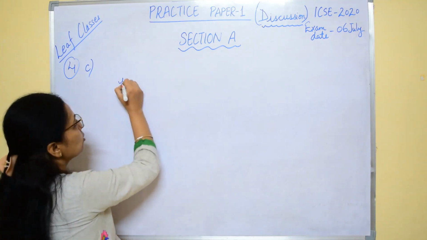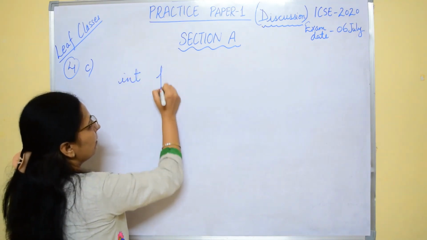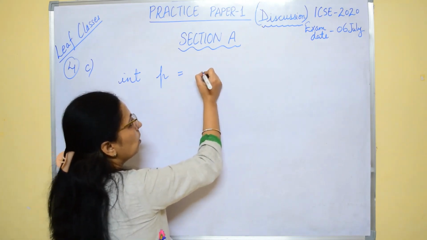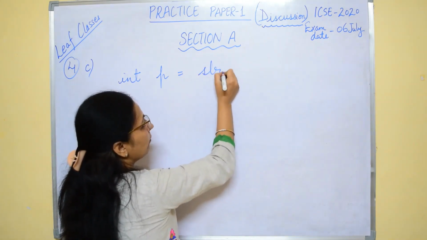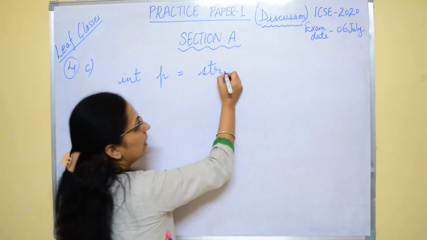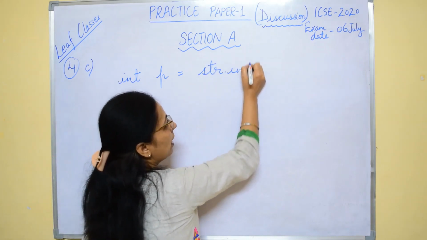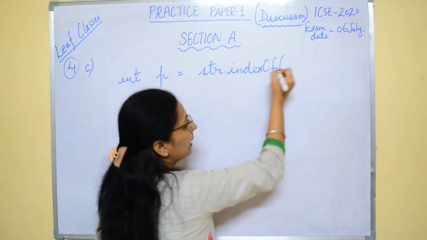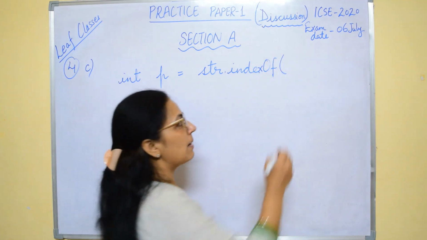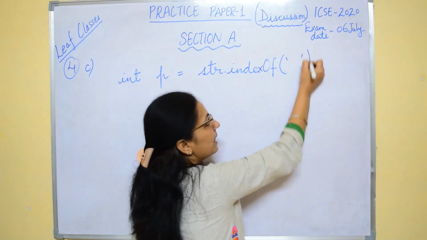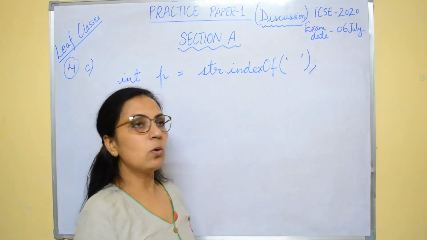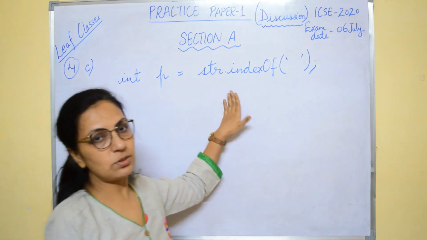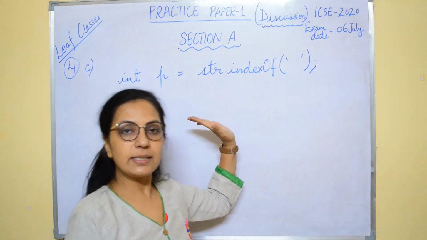So we have to use a string variable, say int p equals, from which string do we want it? str. Which function will be used? indexOf function. The index number of which character do we need? Of the space. Right? So go step by step, and you should know all the string functions for writing such types of statements.